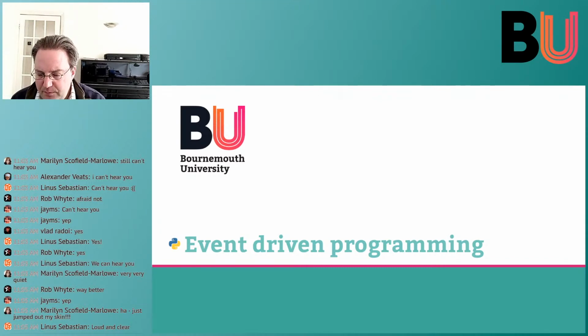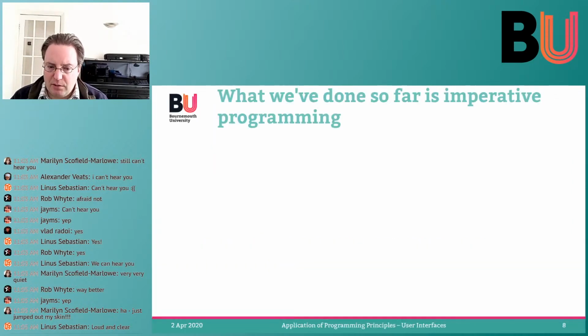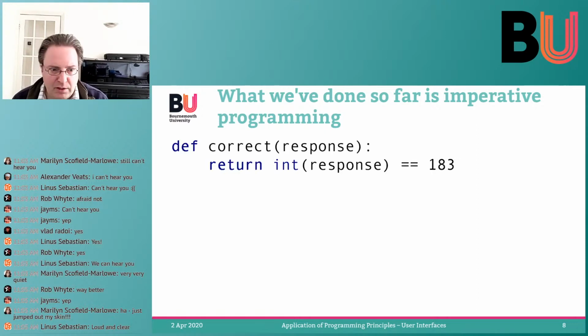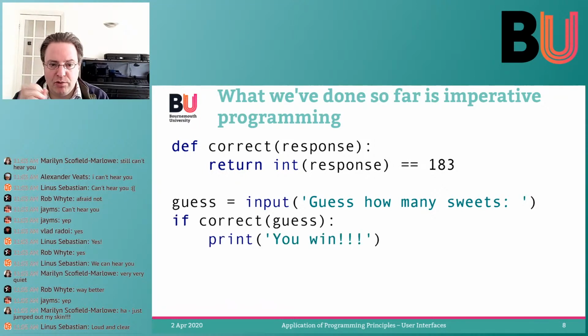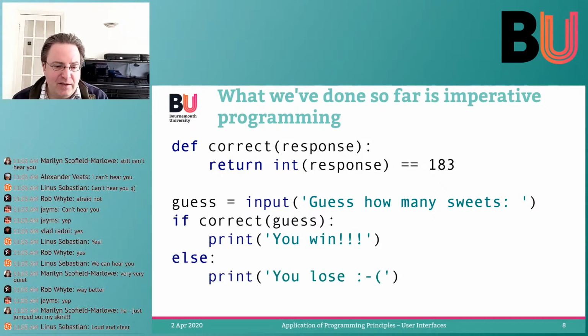Basically, in normal imperative programs, we might define a function, and then we have an input that does this, but we control what happens at all times. We control the order in which things happen.